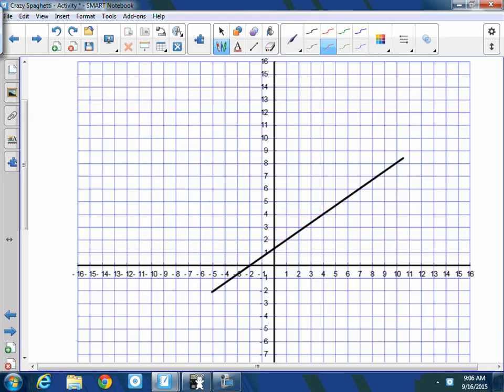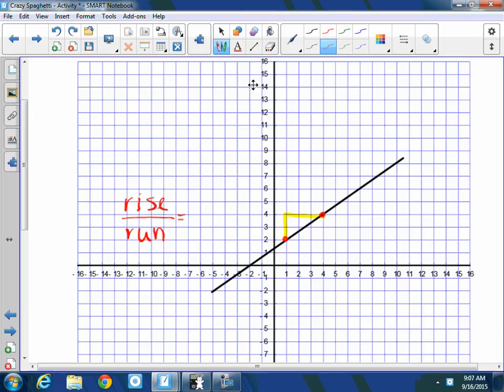Tell me my points again. So it was 1 and 2. And 4, 4. I need to pick a thinner highlighter. Okay. Now I'm going to do rise over run. Okay? Rise over run. And you can do this at the bottom of the page if you want to, okay?